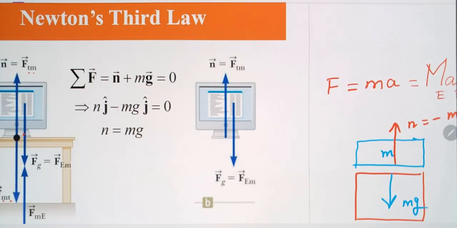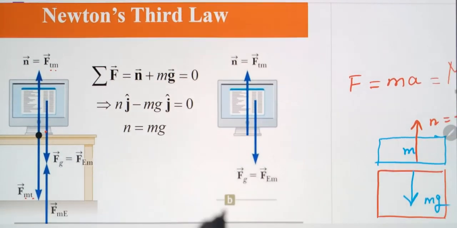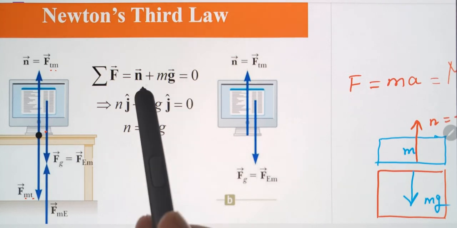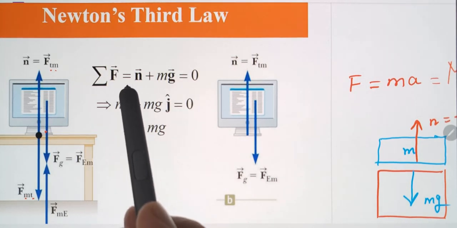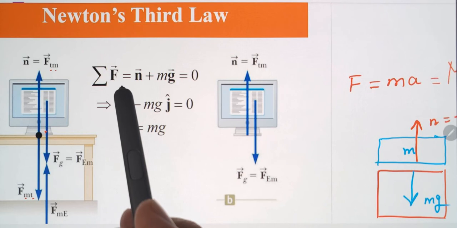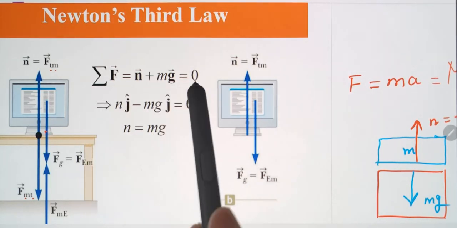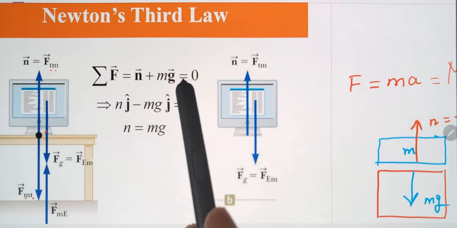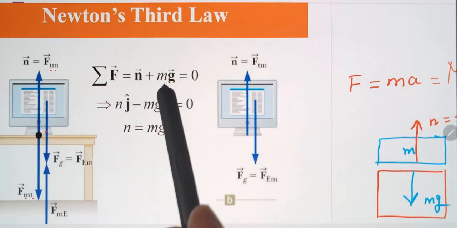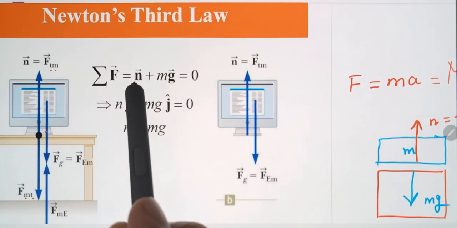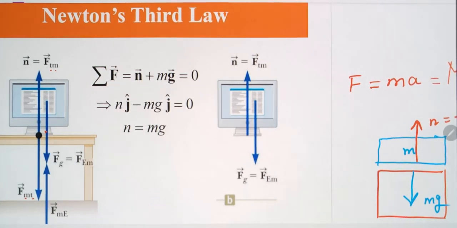Now we will answer your question, Yusuf. Okay. Because the object, or the monitor or whatever, is stationary, that means it's not moving, then the summation of forces must equal 0. And what are the forces? Well, we have the mg force and we have the normal force. We call it normal, that means perpendicular.